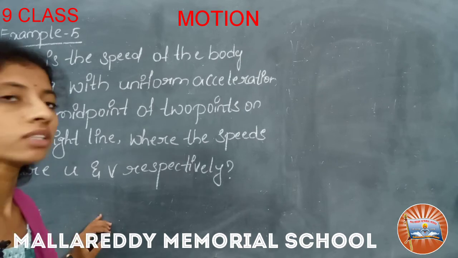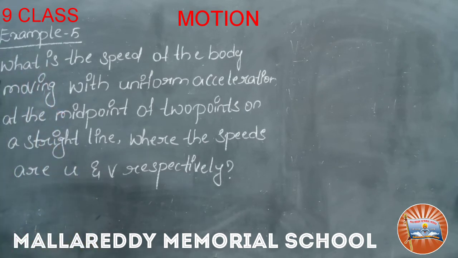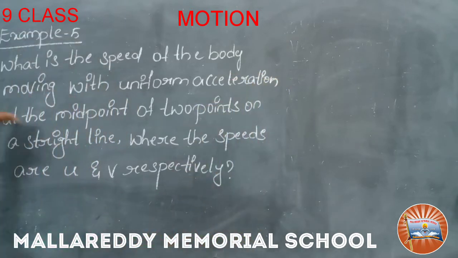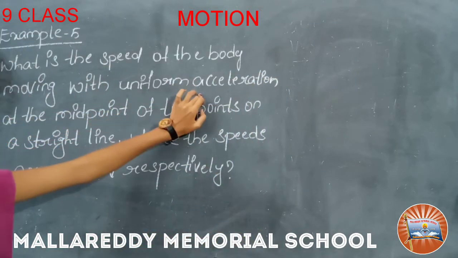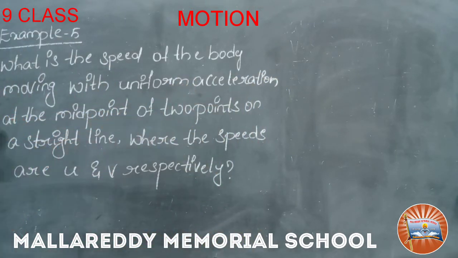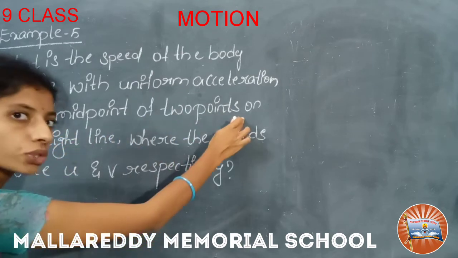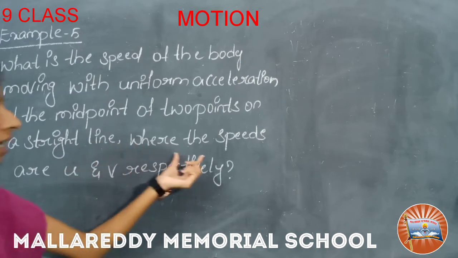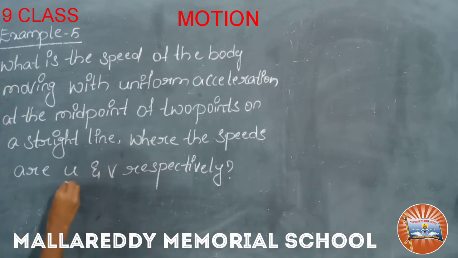Now see the next one, fifth example. So the question is here: what is the speed of the body moving with uniform acceleration at the midpoint of 2 points on a straight line, where the speeds are u and v?